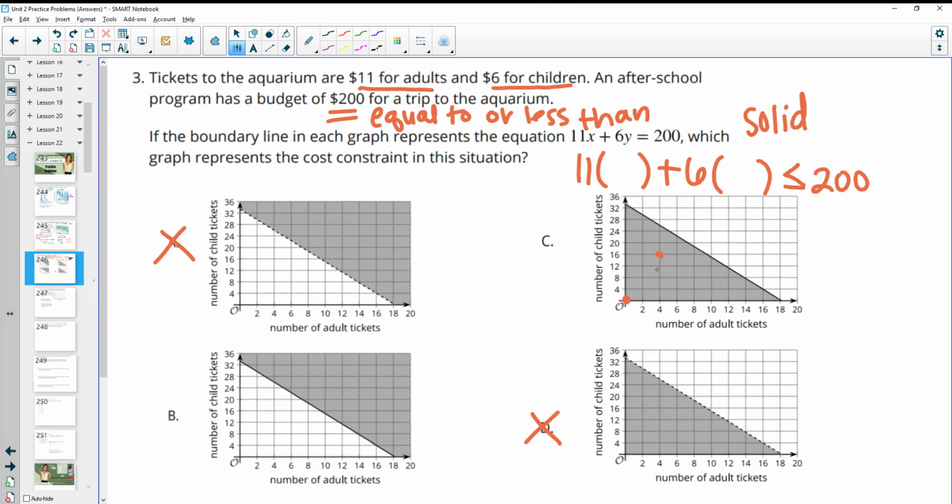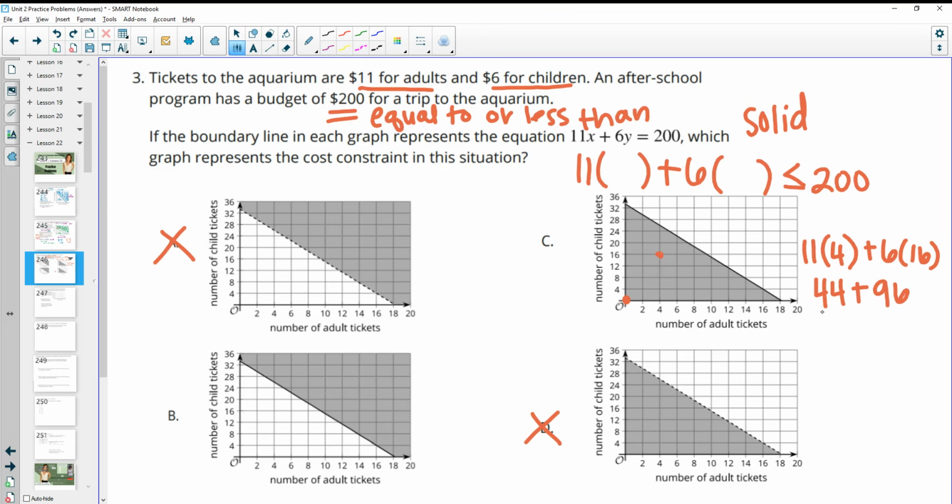So if we did this one, okay, which is 4 adults and 16 children. Okay, so we're going to do 4 adult tickets at $11 a piece, and we're going to do 16 children's tickets at $6 a piece. So 6 times 16. So this is going to be 44 for the adult tickets and 96 for the children's tickets.